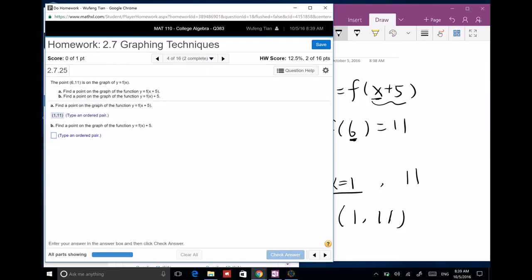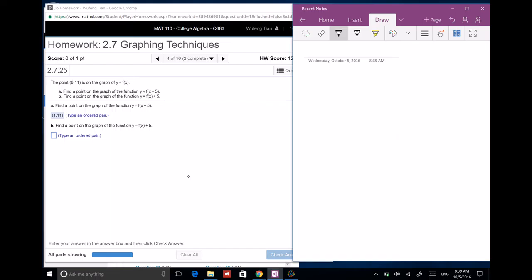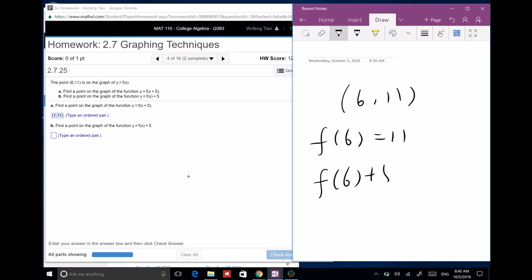Okay, so next one, f(x) plus 5. We got 6, 11. f(6) equals 11. Now you get a plus 5, so you have f(6) plus 5, which is 11 plus 5, which is 16. You add 5 on the y values, basically. So the point is 6, 16.